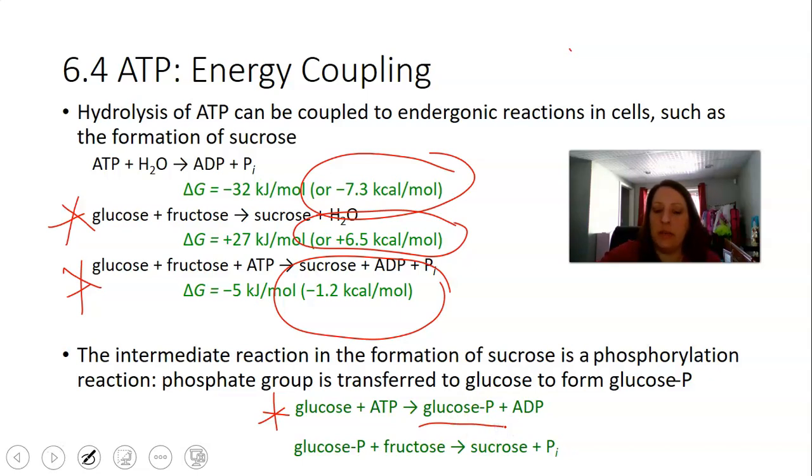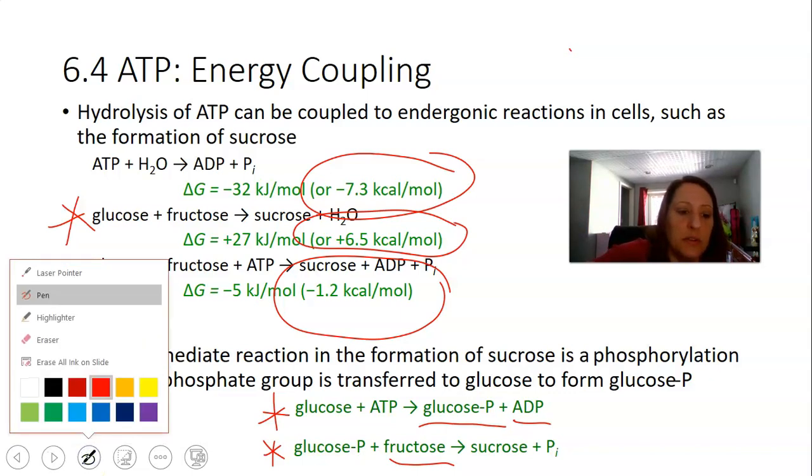Glucose plus ATP yields phosphorylated glucose, glucose with a phosphate on it, plus ADP. And then the phosphate comes off of that phosphorylated glucose and fructose gets added.